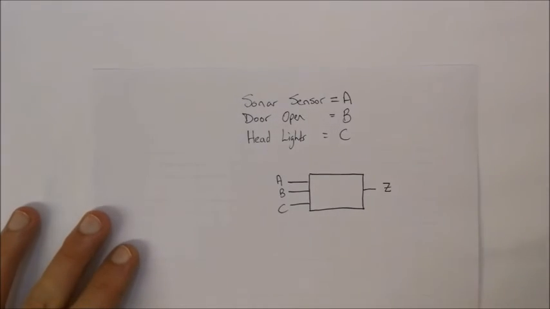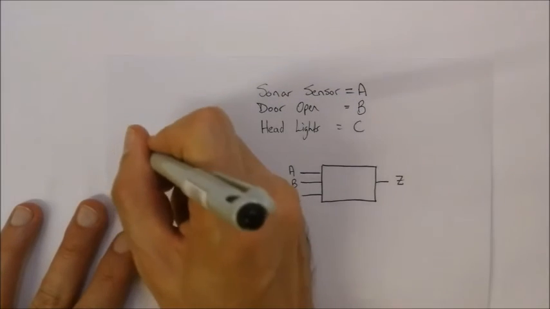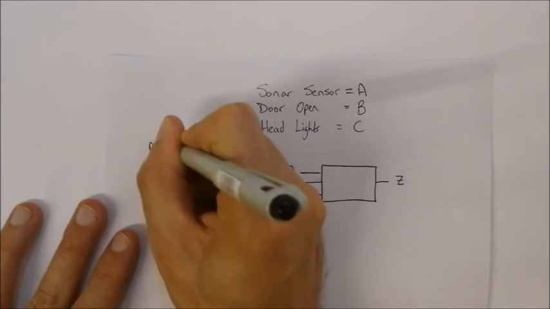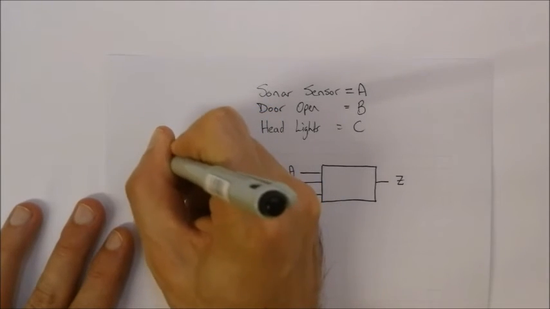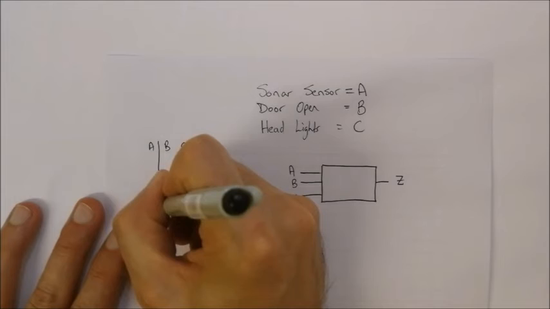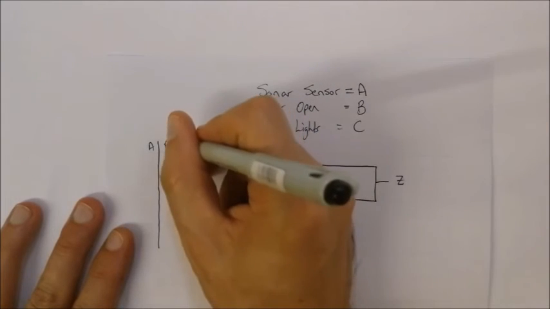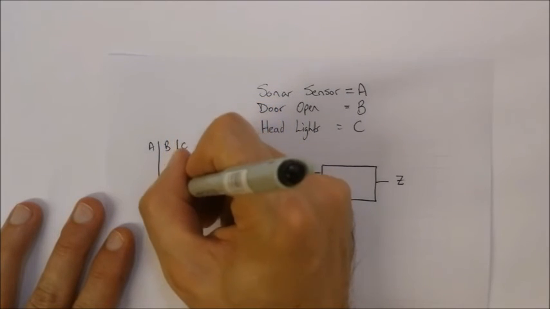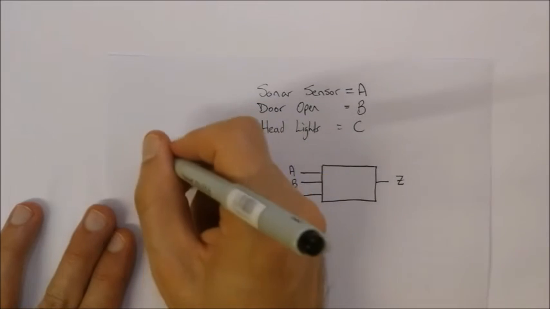This truth table would now consist of, again, 3 inputs, so we've got A, B and C, and each one will consist of 8 bits, or 8 different scenarios.